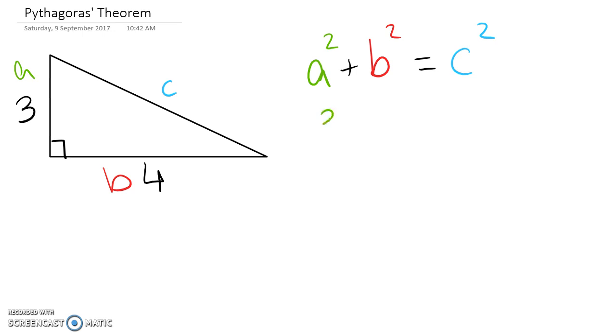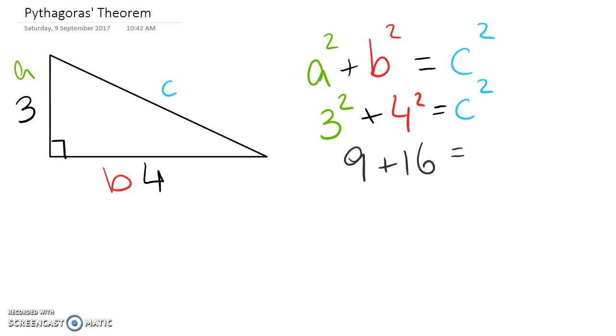We have 3 squared plus 4 squared, and that all still equals C squared. 3 squared is 9, plus 4 squared, which is 16, all equals C squared. 9 plus 16 is 25. 25 equals C squared.